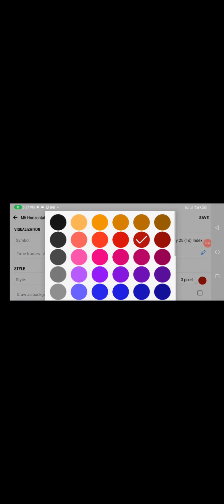Most important thing in trading is know your entry, know your exit. The exits are the take profit and the stop loss. Let's change this to green. Okay, I changed this.